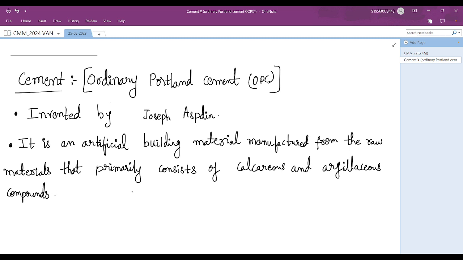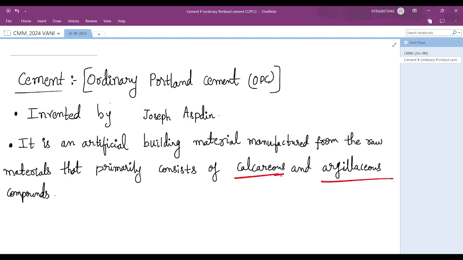So this is the meaning, or definition, of cement. What is cement? Cement is an artificial building material manufactured from raw materials that primarily consist of calcareous and argillaceous compounds.